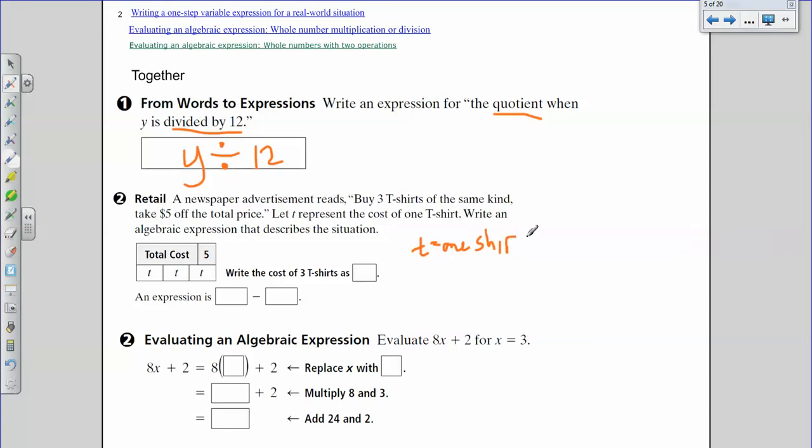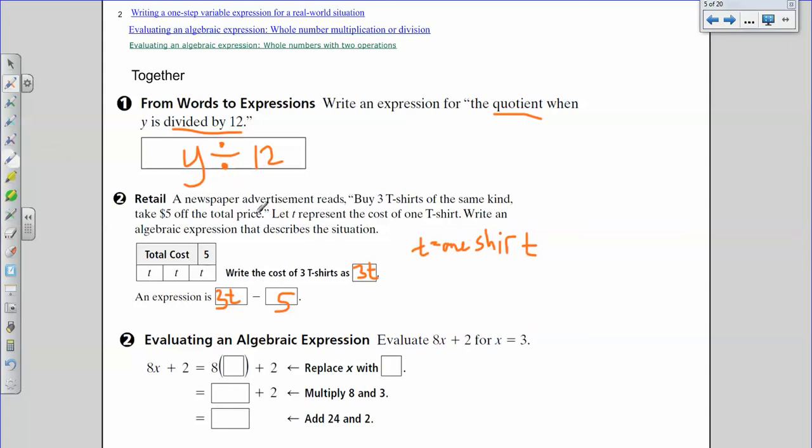Pardon my typing skills today. T is 1 shirt, so the cost of 3 t-shirts is going to be 3T. My expression is going to be, if I buy 3 t-shirts, so 3T, then I save $5. So 3T minus 5.